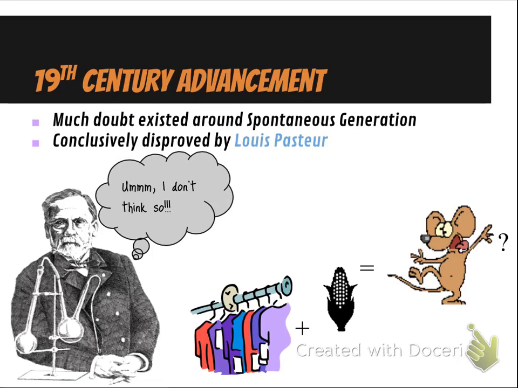And because of his discoveries, he helped, along with Robert Koch, to disprove that spontaneous generation actually occurred. He did this by setting up a closed environment around meat where nothing could attack the meat as it rotted, and we realized that nothing grew in the meat. So he was able to disprove spontaneous generation and get scientists thinking again about cells, where cells come from, and how cells work.